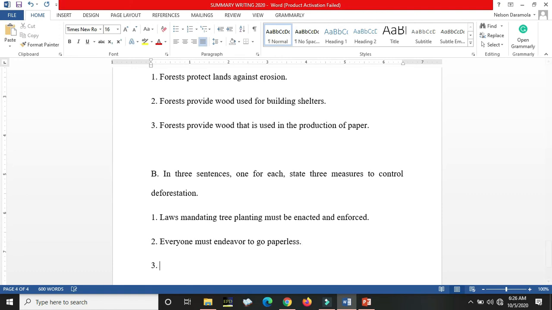Okay, government, not the government, just government of any country, of any state, of any place, must create forest reserves and protect them.